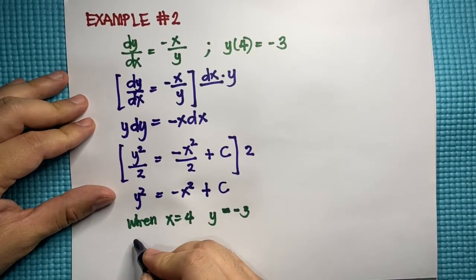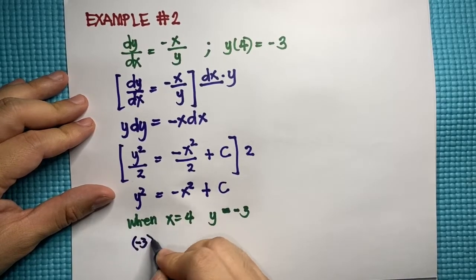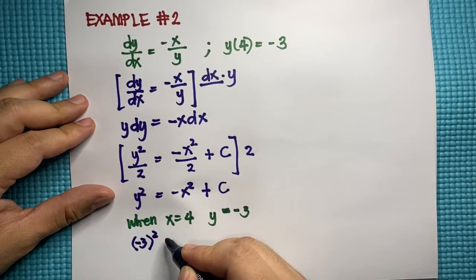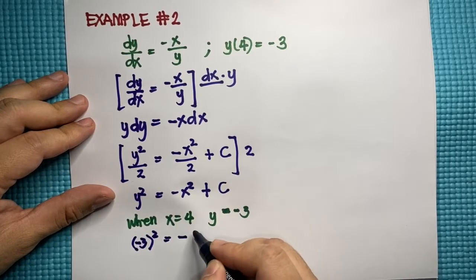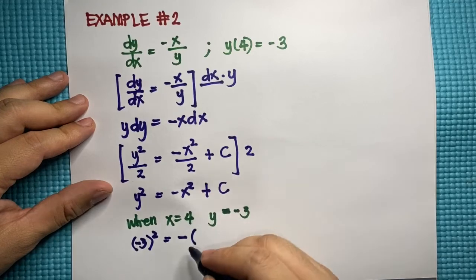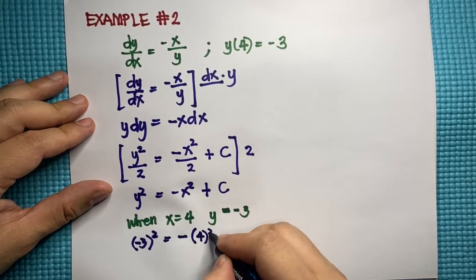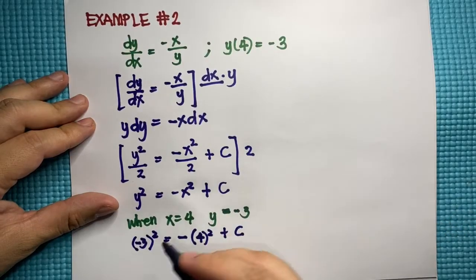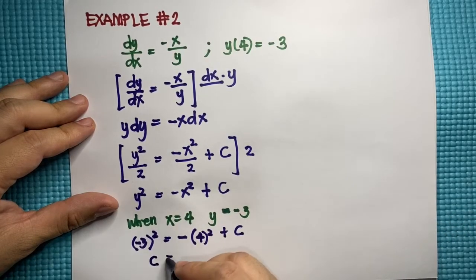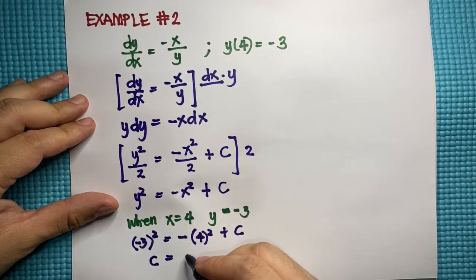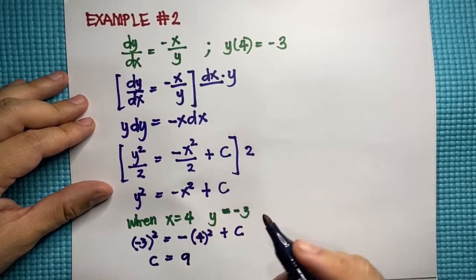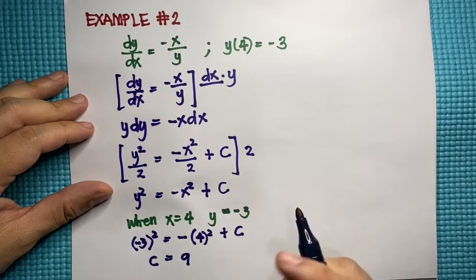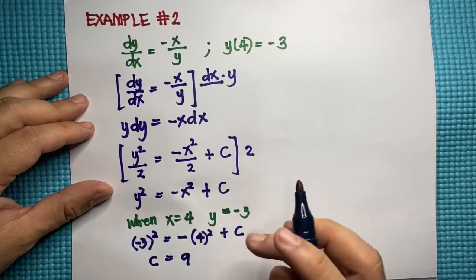So in such case, y would be negative 3 squared and equals to negative, x is 4 squared, plus c. So giving us c to be equal to negative 3 squared, that is equivalent to 9, and then 4 squared would be 16.